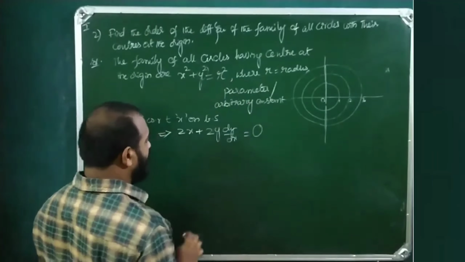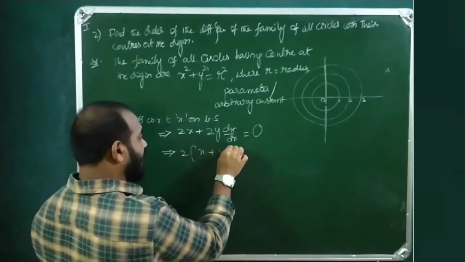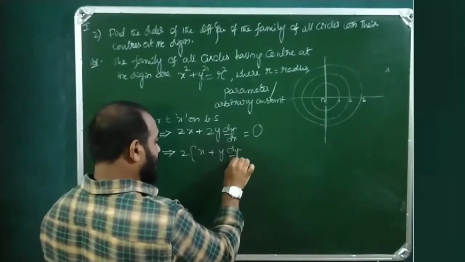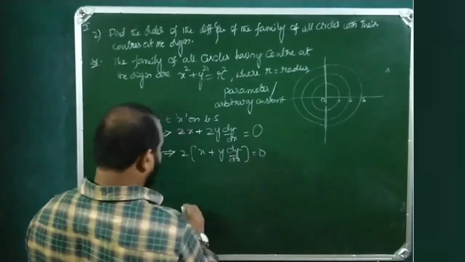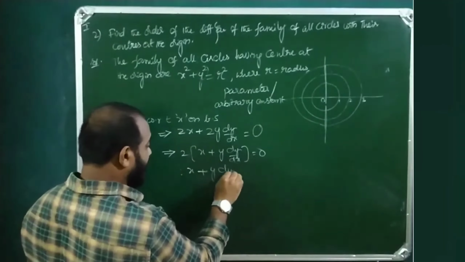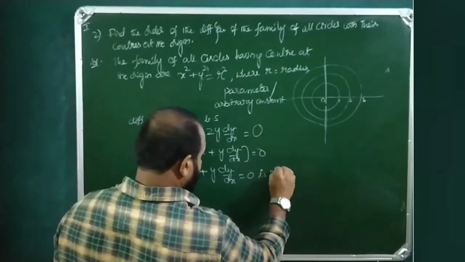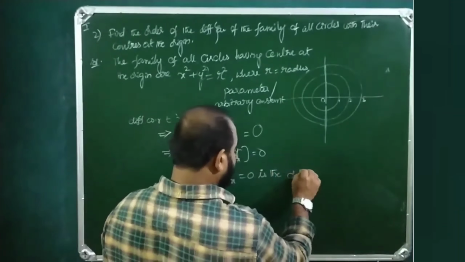So 2 can be taken common: x plus y dy by dx equals 0. Therefore, x plus y dy by dx equals 0 is the differential equation.